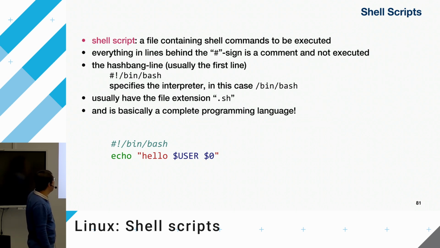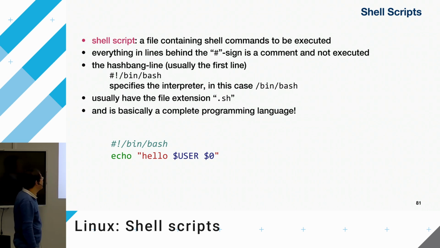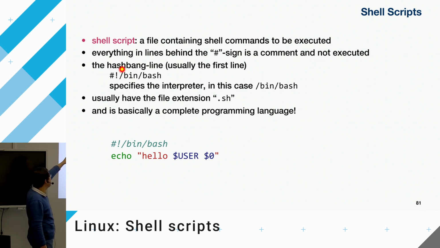So basically, it contains the commands or the calculations you would like to run. Everything in a line beginning with the hash sign is a comment, and it will not be executed. The only exception is the hash-bang line, usually the first line, which begins with a hash and then an exclamation mark and then /bin/bash.